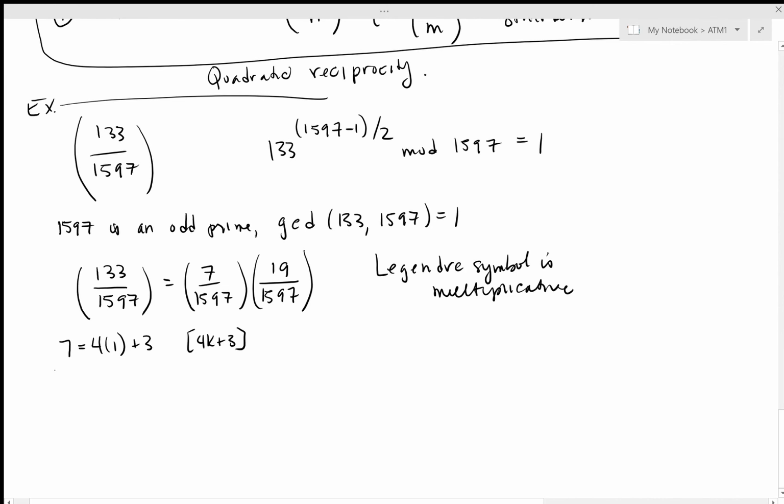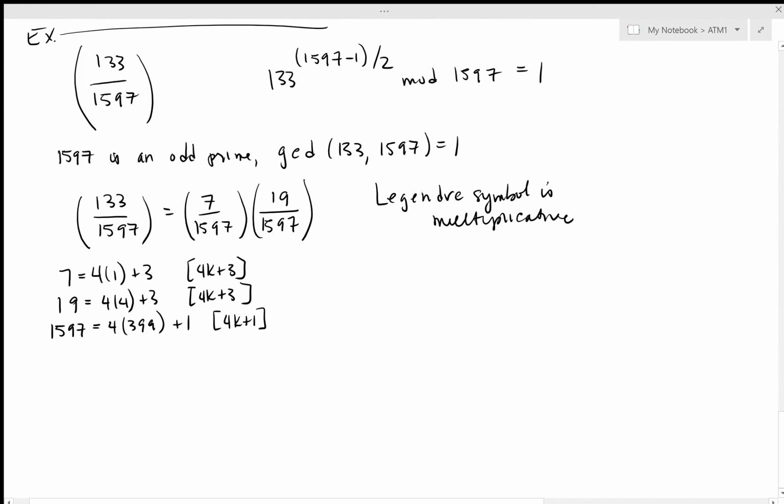And then I look at 19 and I see that that is of the flavor 4 times 4 plus 3. So that is of the style also 4k plus 3. And I take a look at the 1597 and I see what kind of prime is that? Well, that's 4 times 399 plus 1. And so that is of the form 4k plus 1.